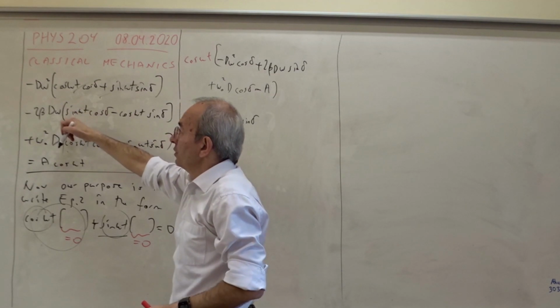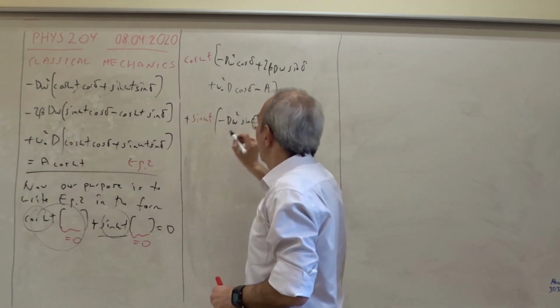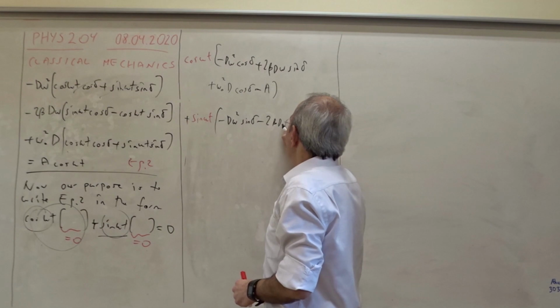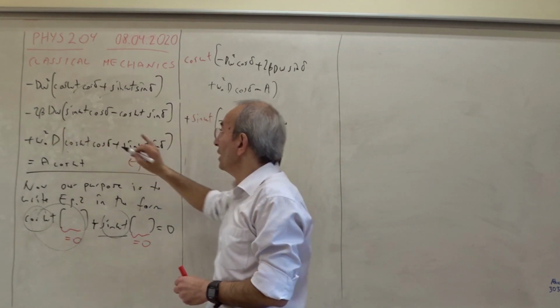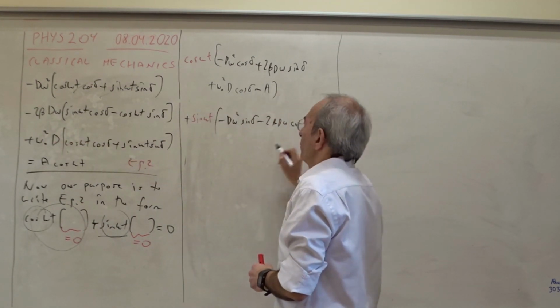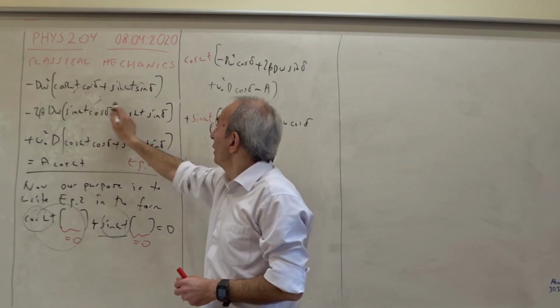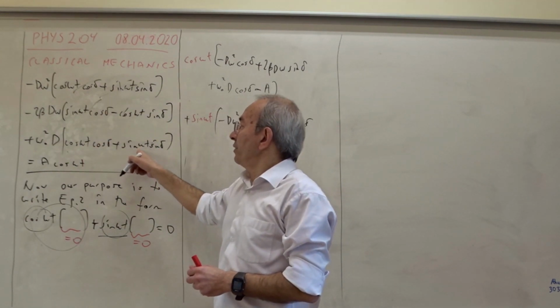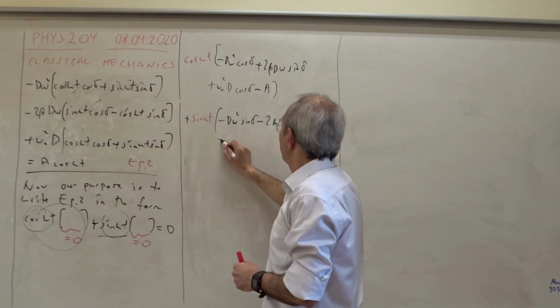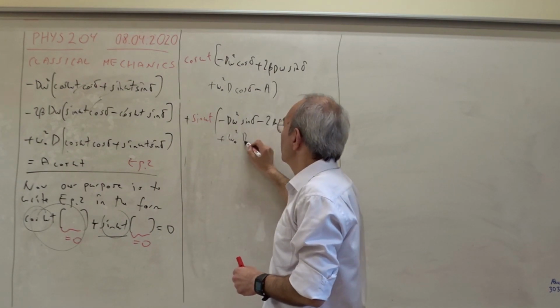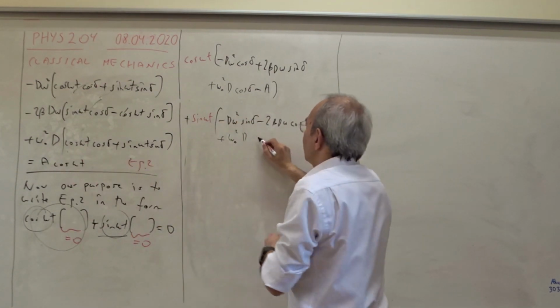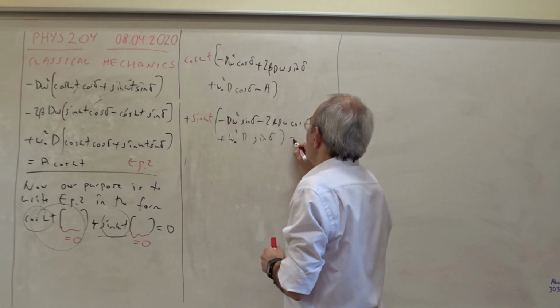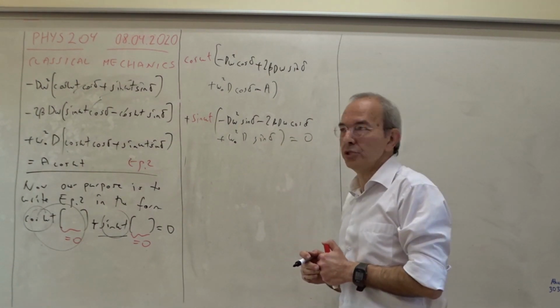There's a sine omega t here, minus 2 beta D omega cos delta. We have another sign here. Plus omega 0 squared D sine delta. This is equal to 0.